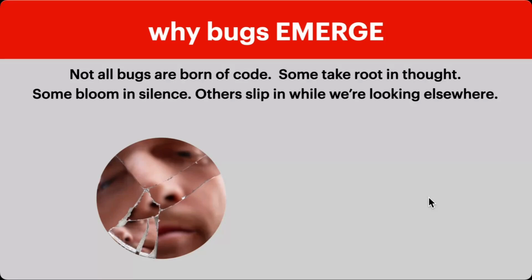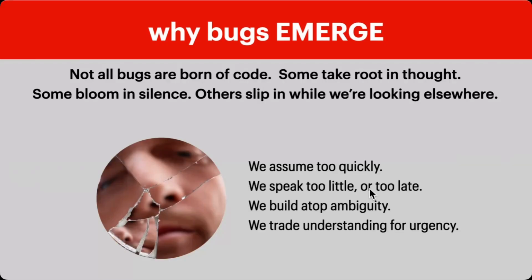Of course, some bugs bloom in silence, and some slip when we're looking elsewhere, and it's a nice way of putting it. But if you detail it out a little, I'm sure there are many more reasons. There could be assuming too quickly, not questioning enough, or asking and finding information very late.